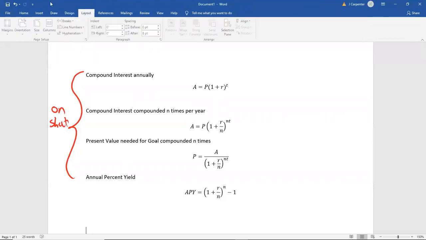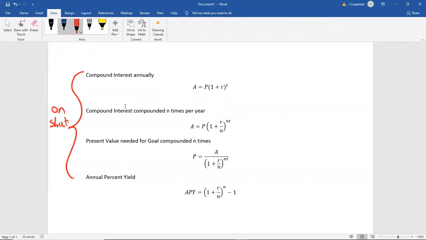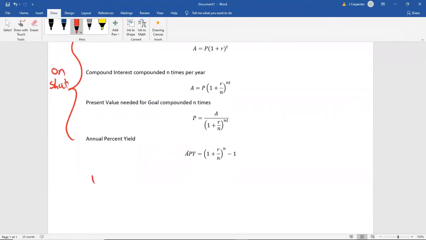But then we also had that one formula from 6.2 that was to convert between the continuous rate and annual rate, APR.